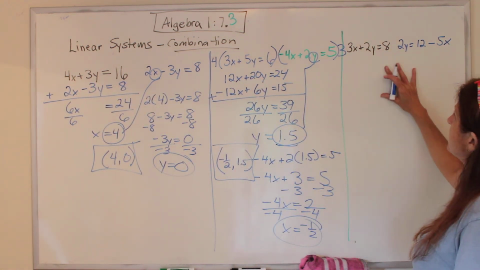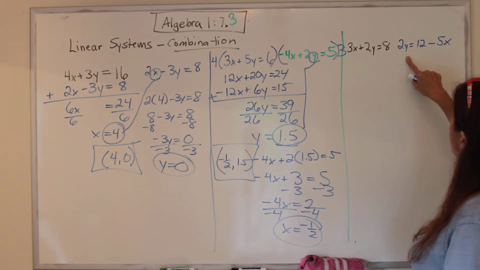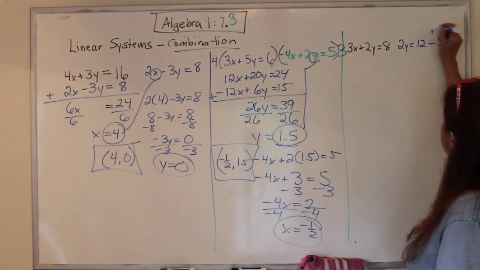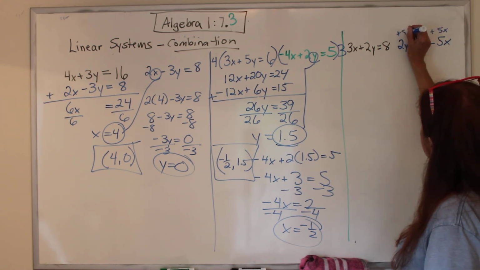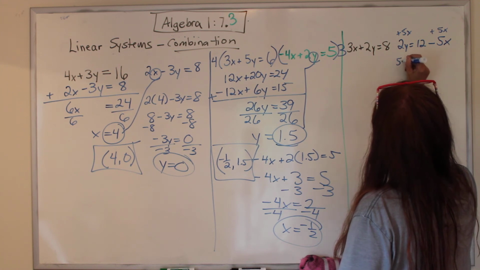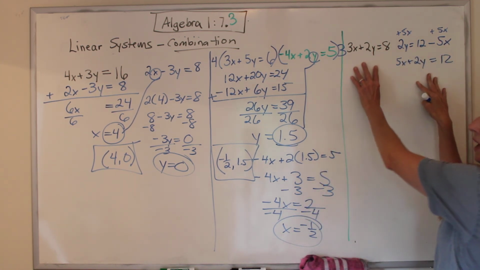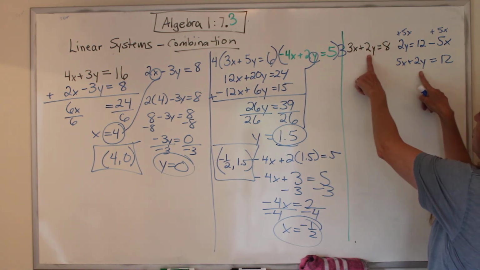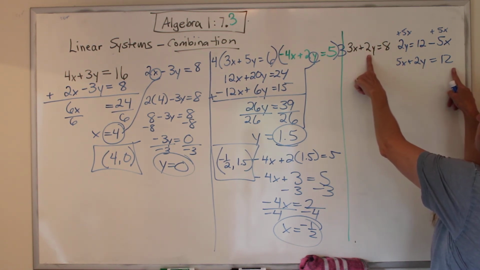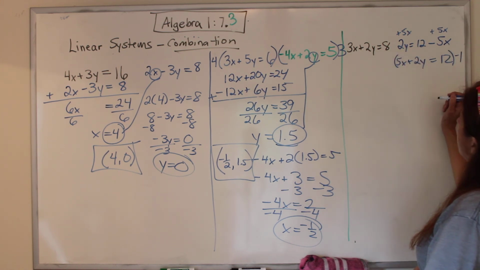Alright, here's another one. This one, y is not in the right order. I gotta get x on the other side. So I'm going to do plus 5x to both sides. So now I have 5x plus 2y equals 12. Do I have something equal and opposite? No, but it could very easily be made equal and opposite if I multiply it by negative 1, the whole thing.